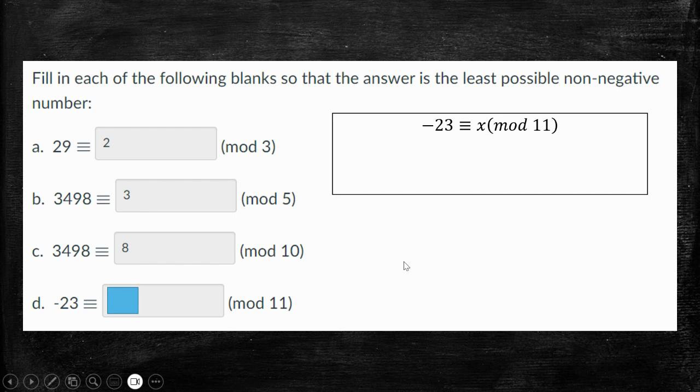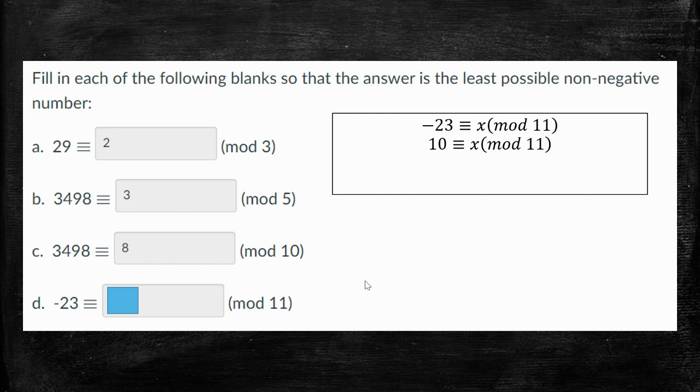We can think of this as if we add 11, then our answer should be the same, and if we add 11 again, our answer should be the same, and so forth. And so if we continue to add 11 to negative 23, we'll eventually get to a positive number. And the first positive number that we'll get to is 10.